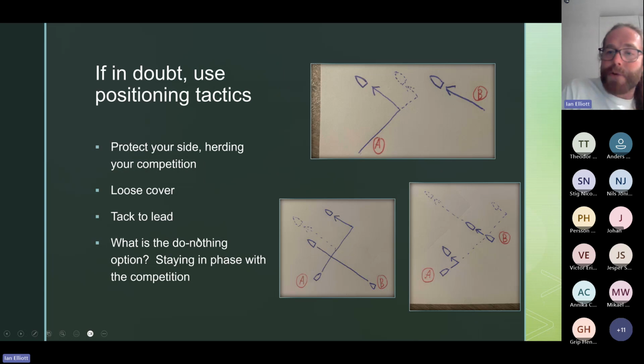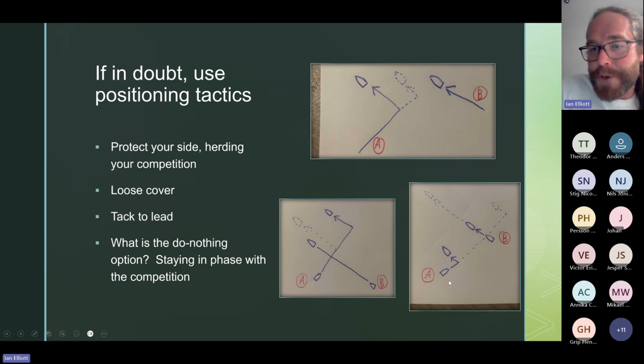So this is the do nothing move. If you're A, if you want to keep the situation with B consistent, you should tack to lead them, tack in phase with them. If you cross behind them, that's a more aggressive move. That's not doing nothing. Not tacking is a bigger move than tacking in this case.